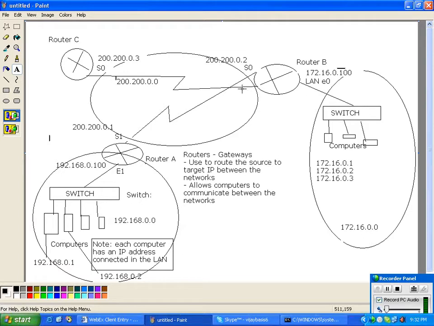And here I have one more. I don't want to use the same network here. I want to use a different network. 156.0.10.10.